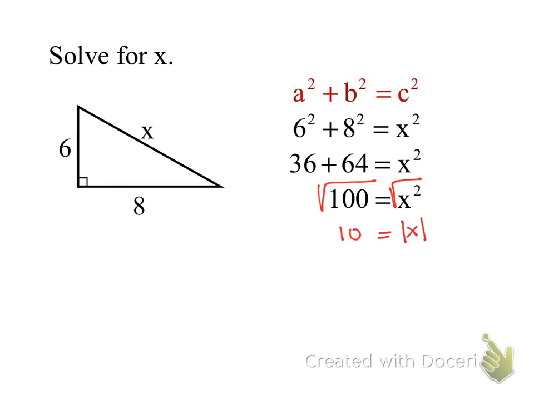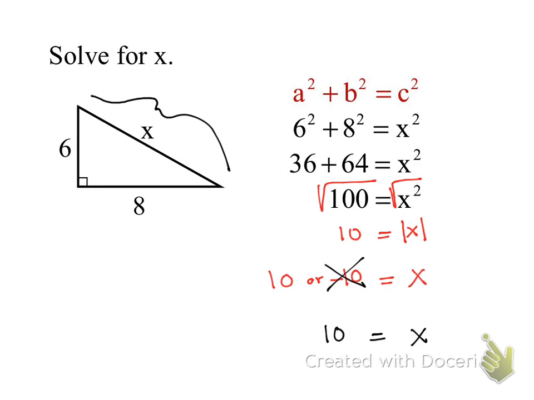To lose the absolute value, we say X equals positive 10 or negative 10. But because this is a measurement problem, we're on a triangle and distance can't be negative, the negative 10 is not an issue, so X is equal to 10 units.